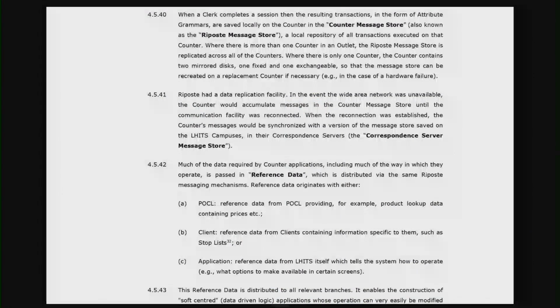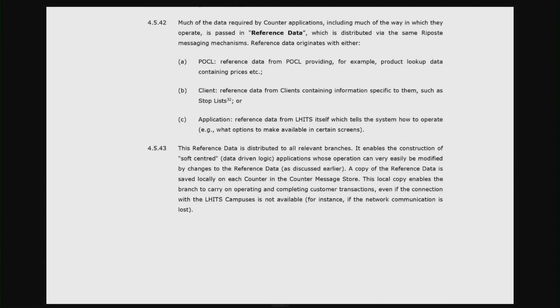And lastly, in subparagraphs 42 and 43, you explain reference data, please. Can you explain to the Chair the three categories of reference data that you mentioned there? Yes, so I broke up the reference data into three categories.